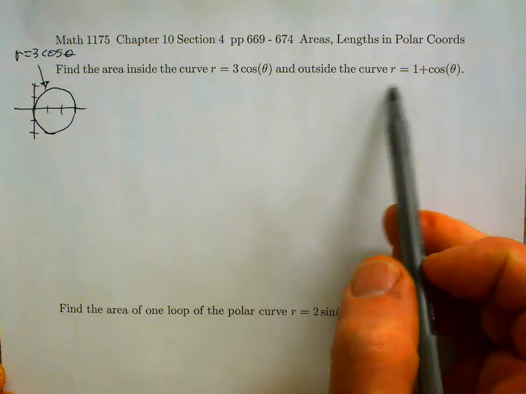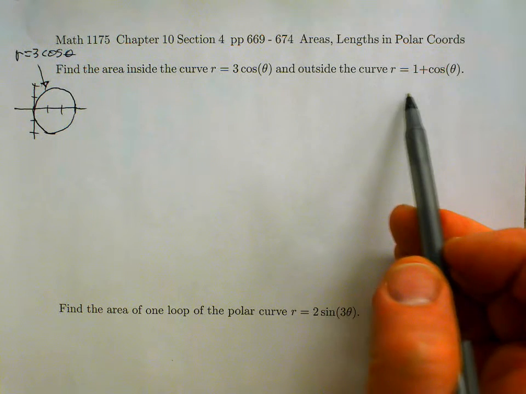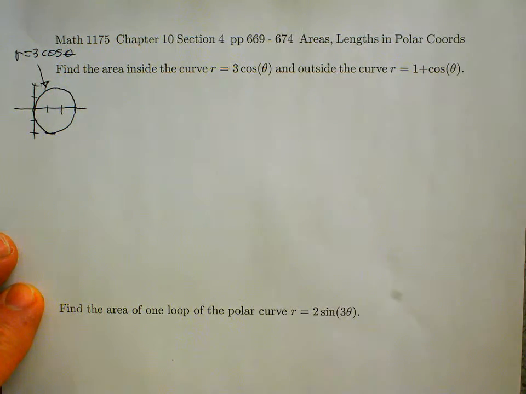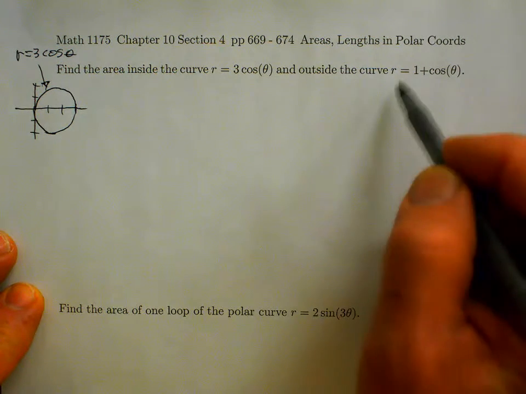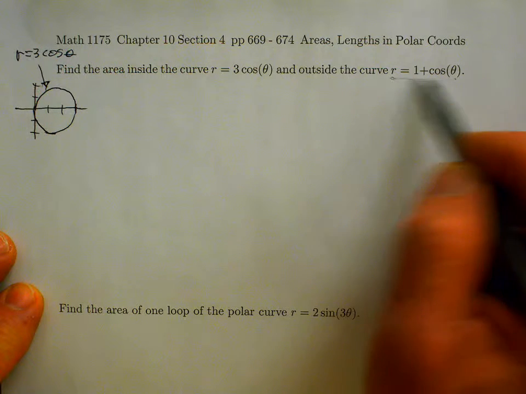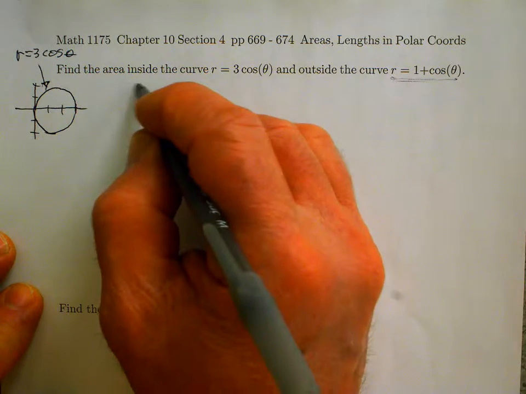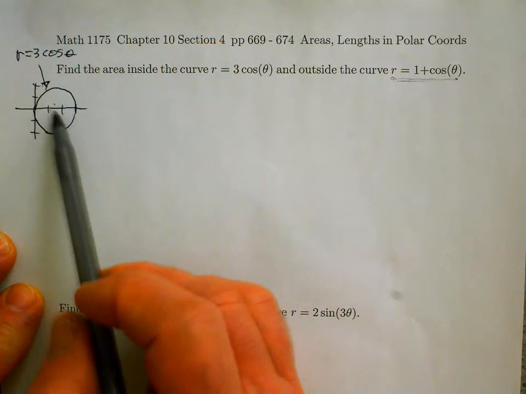Then what does the graph of r equals 1 plus cosine of theta look like? Well, if we first draw this in Cartesian coordinates, then we can sketch the graph along with this one.